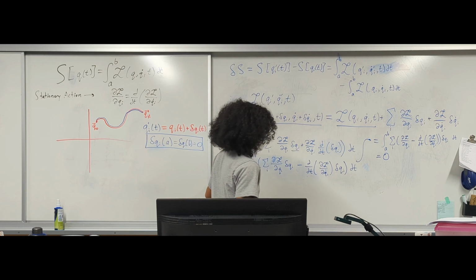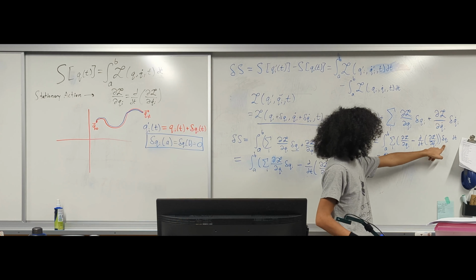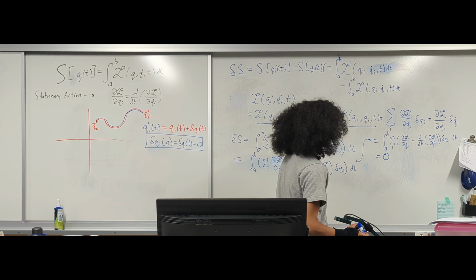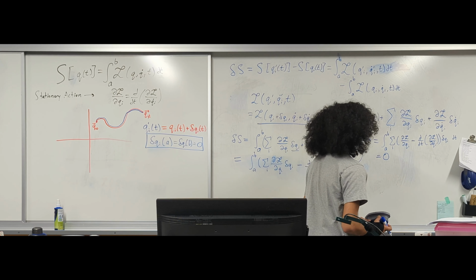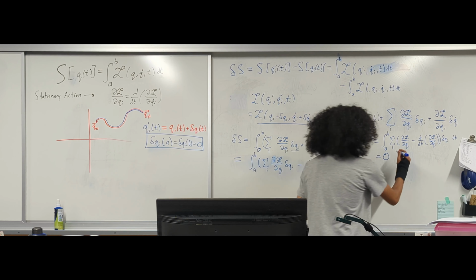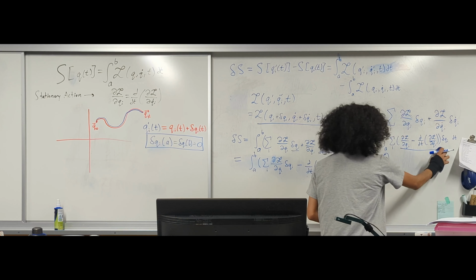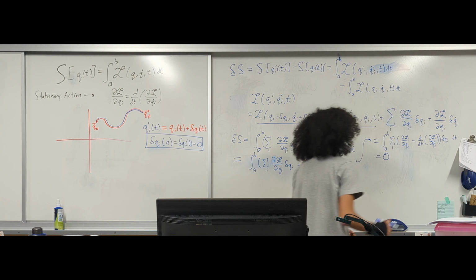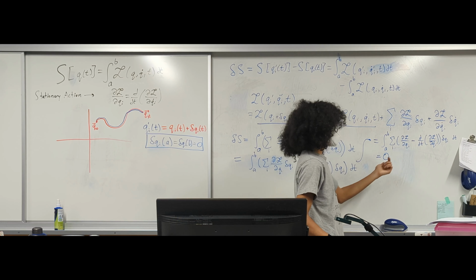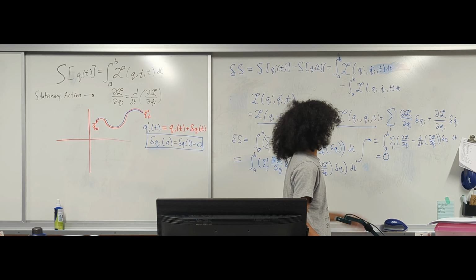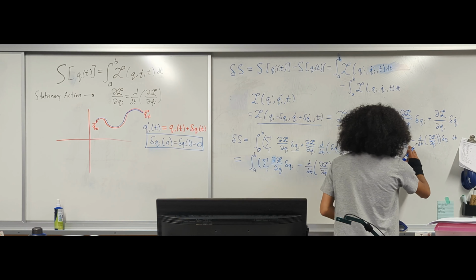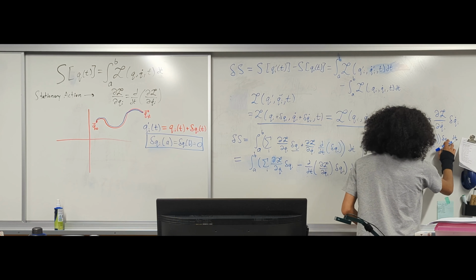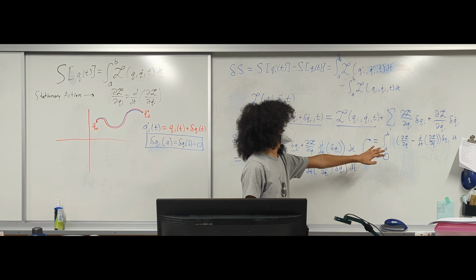And if this is 0 for every infinitesimal variation delta q, well then what must be 0 is this. And there's one thing that I have to be a little careful about. This is a sum, and so we want to make sure that, if there was no sum, if I got rid of the i, now think about it.